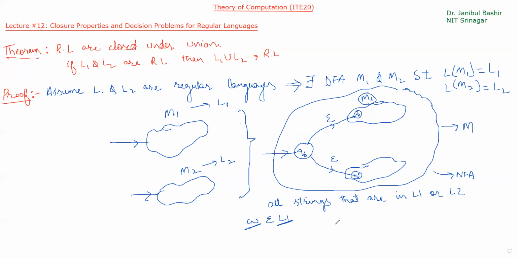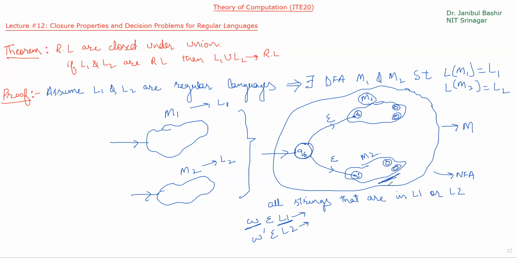And if we have another string W dash that belongs to L2, again we will reach a final state, but that final state will be on this other side. So for this NFA, the initial state will be this new state, but the final states will be all those states that are final in M1 and those that are final in M2. This NFA will accept all those strings that are in L1 or in L2.